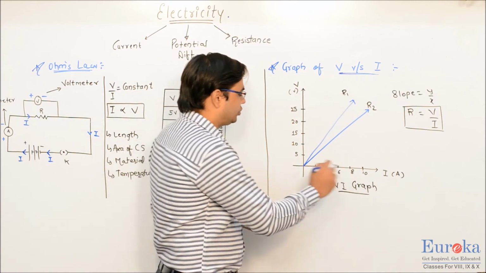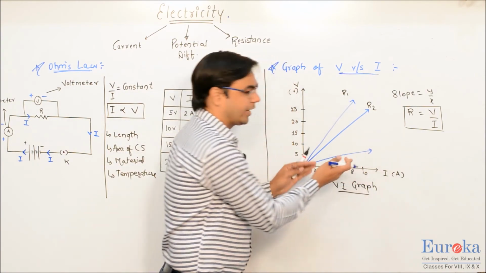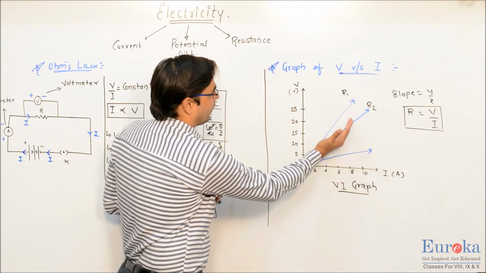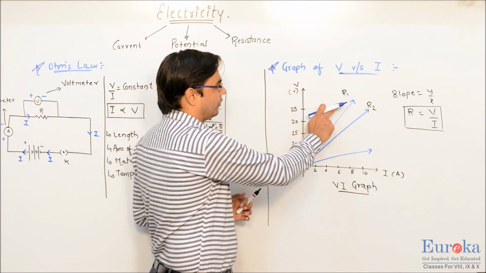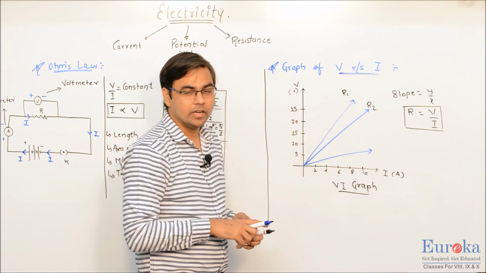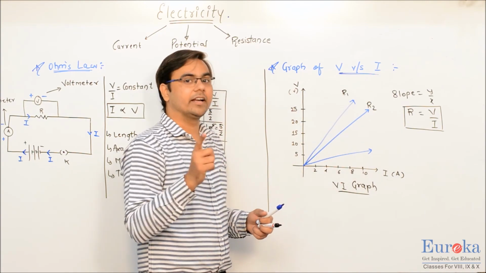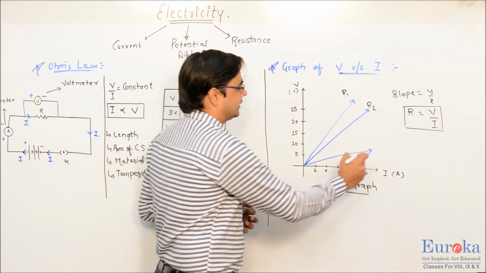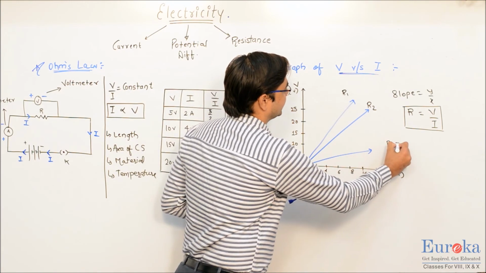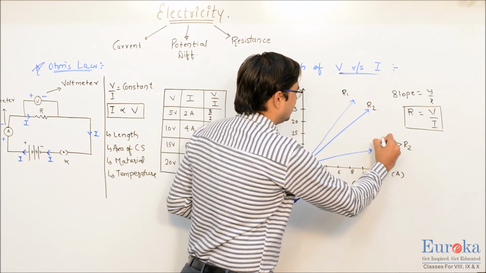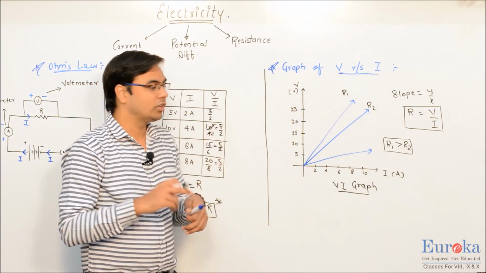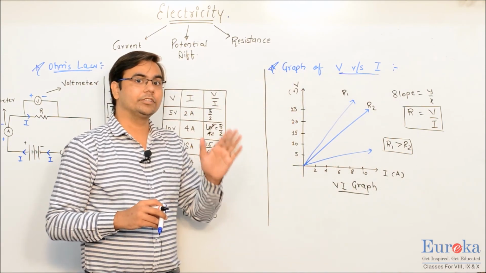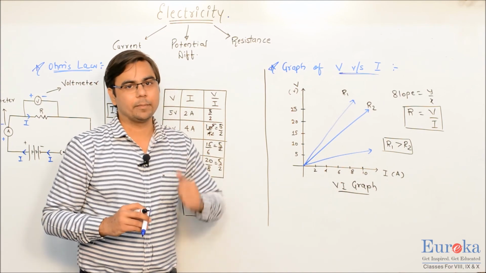As you start approaching the x-axis, the slope will start reducing, and as you start approaching the y-axis, the slope will start increasing. So the slope of R1 is more than the slope of R2, and if the slope is more, the resistance will also be more. That means we can say that R1 is greater than R2. So this is a graph between V and I, called the VI graph, that is obtained using Ohm's law, and it is of immense importance from our examination point of view.